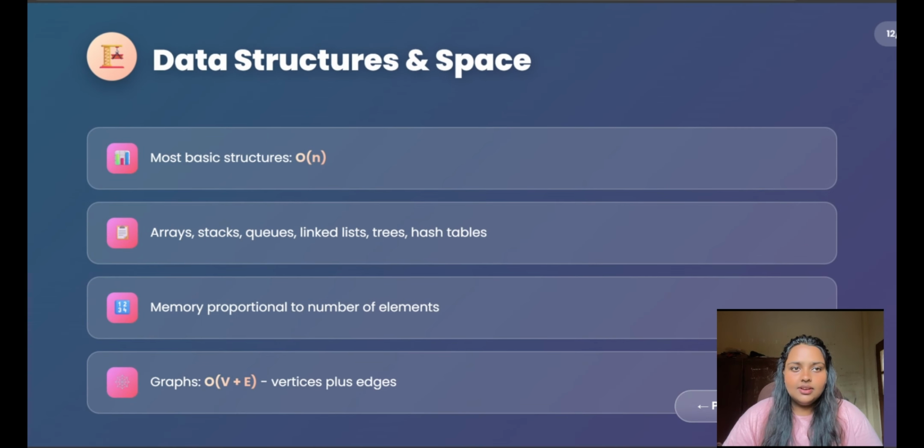Most basic data structures such as arrays, stacks, queues, linked lists, trees, and hash tables require memory proportional to the number of elements they store. That's why their space complexity is usually O(n). For graphs, memory depends on both vertices and edges, so we often express it as O(V + E).